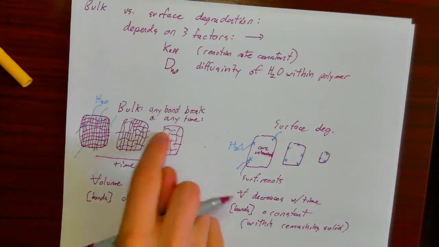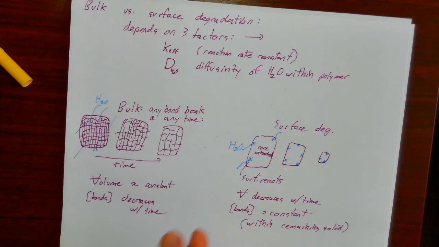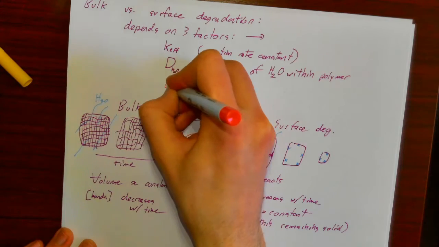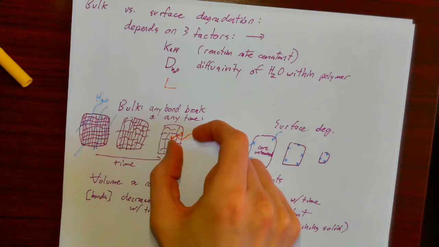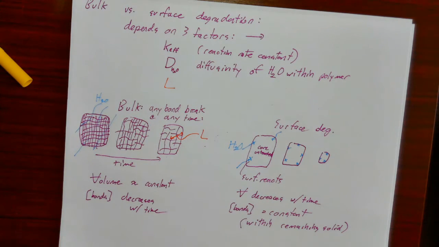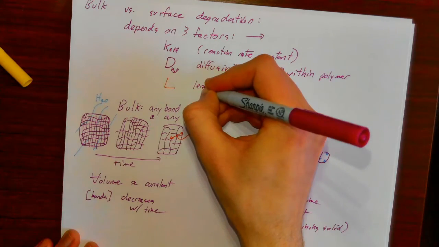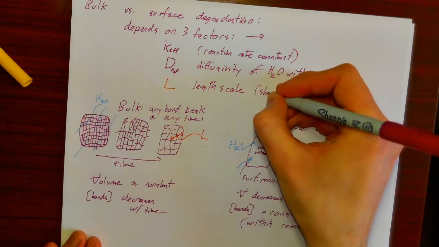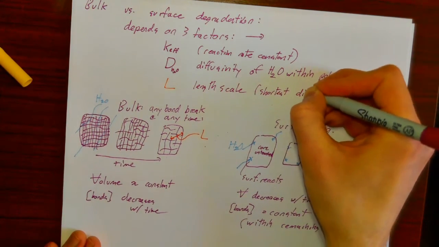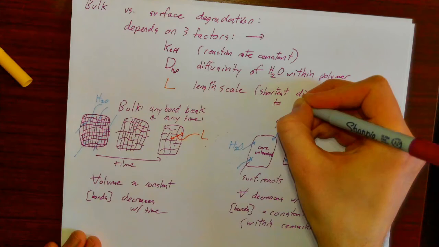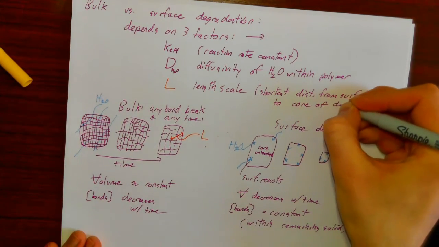And it also depends on the overall size, some length scale of the polymer. For this length scale, L, you can imagine this as the shortest distance from the surface to the core of the device.